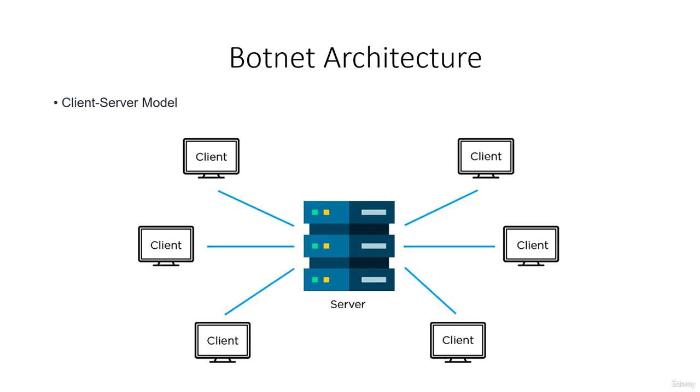Before engaging in a cyber attack, it frequently programs the bot to remain dormant and await commands from the CNC server. When the bot master issues a command to the server, it is then relayed to the client. Following this, the client runs the command and reports back to the bot master with the findings.